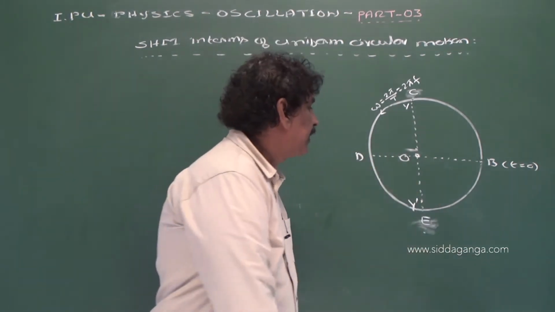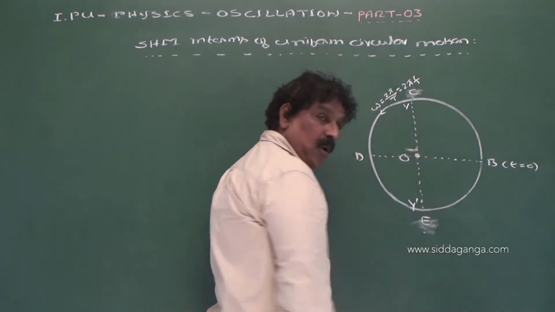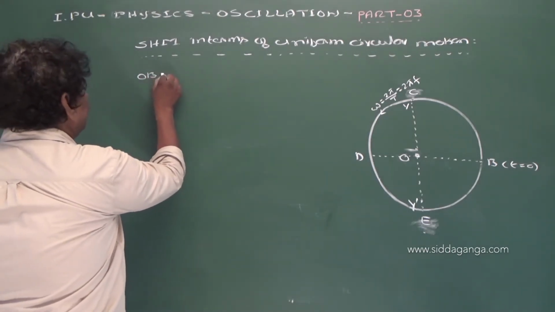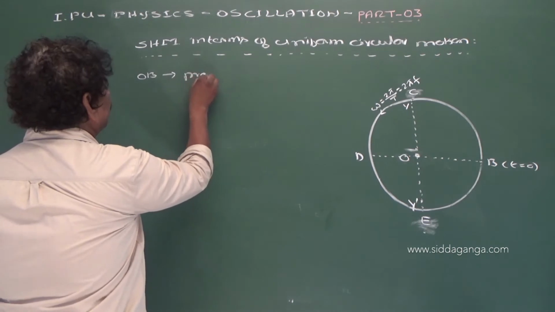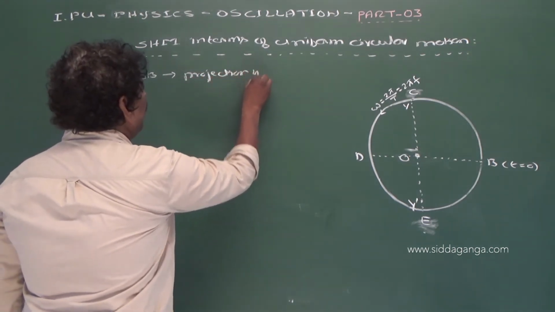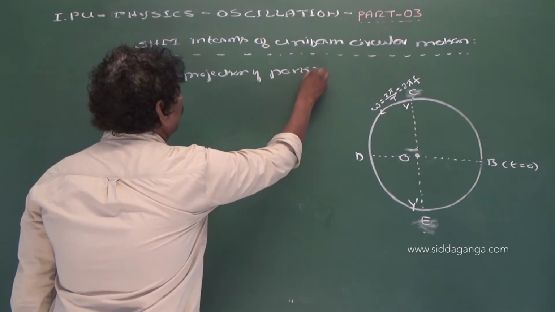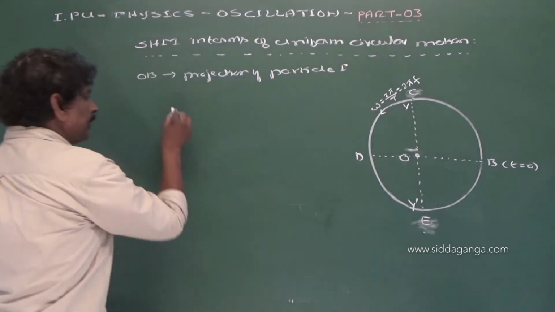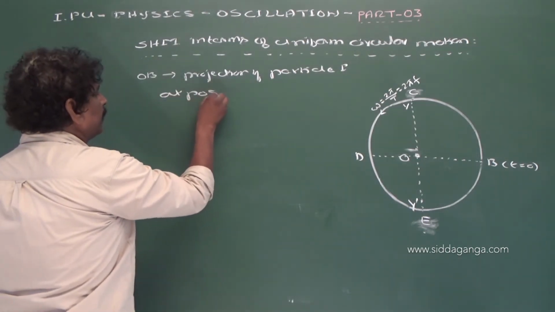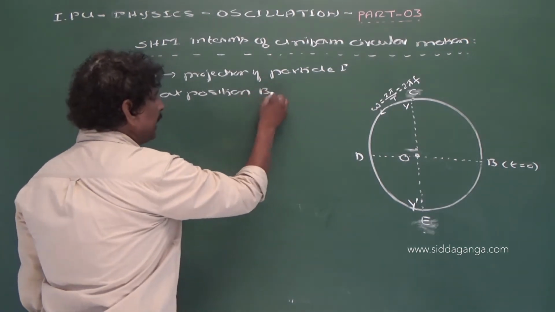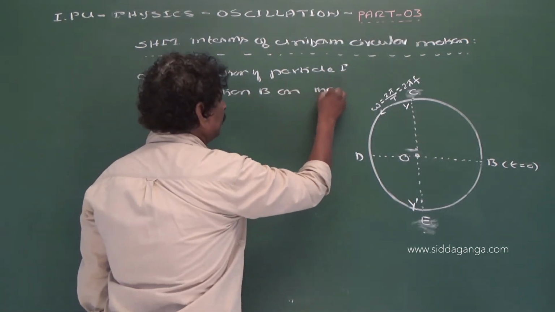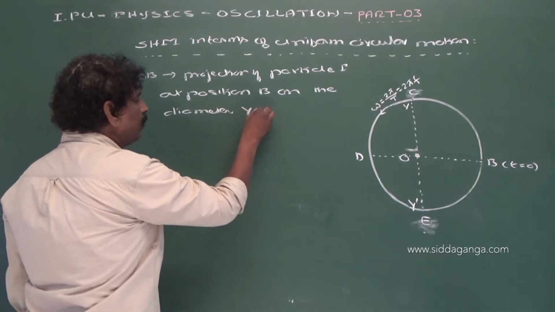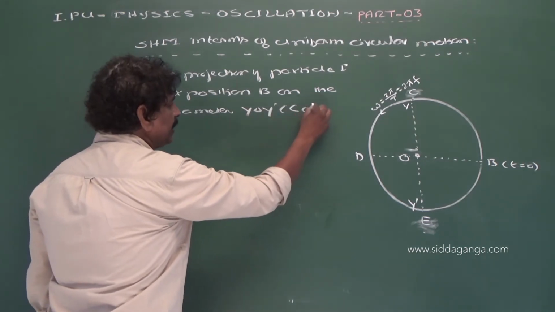Listen to it carefully. Now this point O, so here we will call this OB as the projection of particle P at position B on the diameter YOY dash or COD.